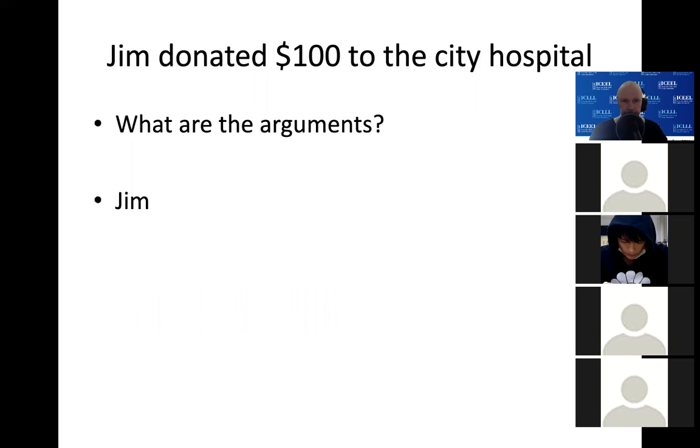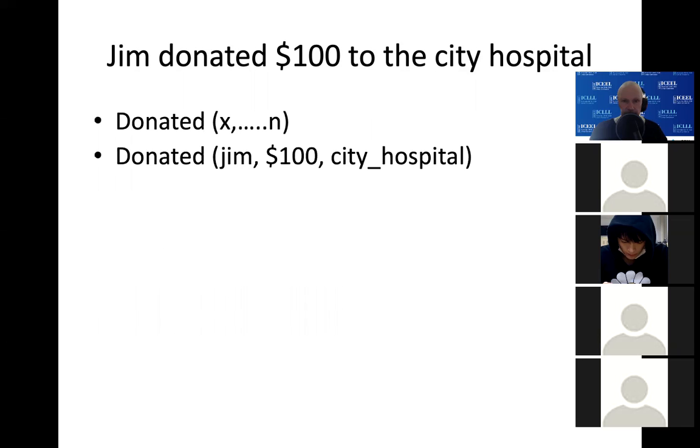Yeah. What are the arguments? Something like that. So it's going to be like this: Jim donated $100 to the city hospital. Now, it doesn't have to be like this. And you can basically use anything you want to put in the information. But it makes sense that you would use words that make sense to you.